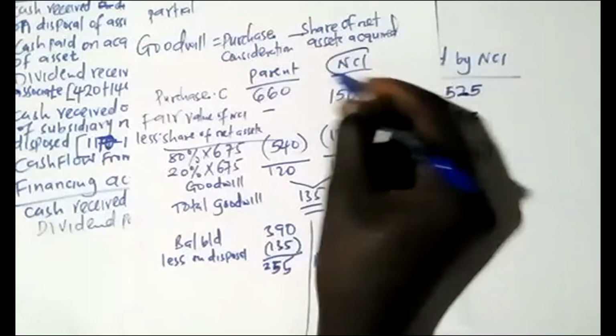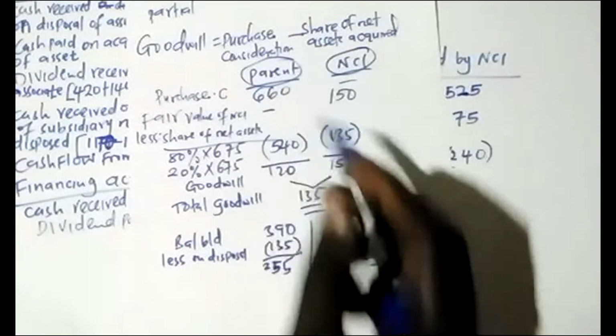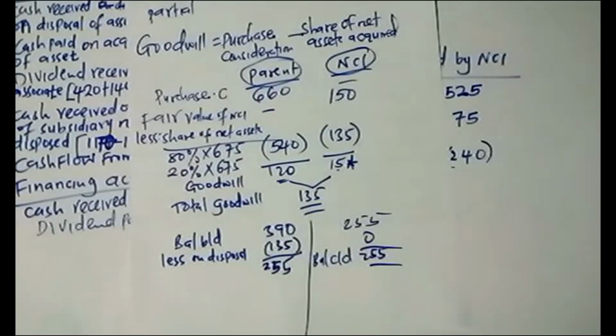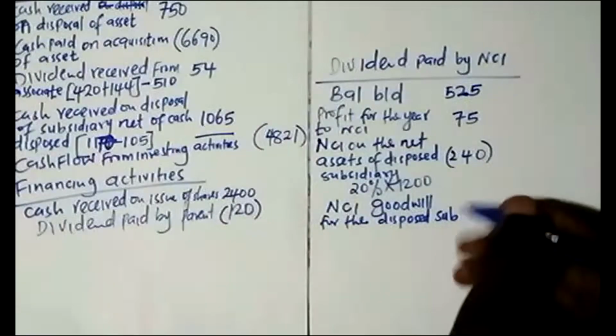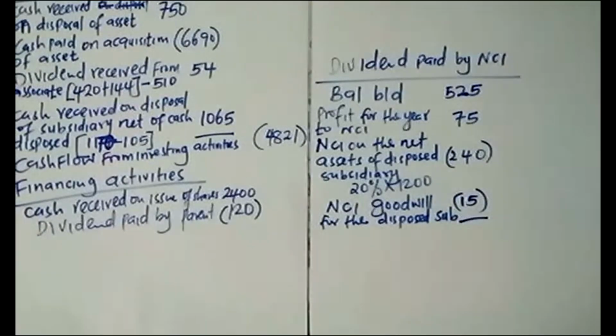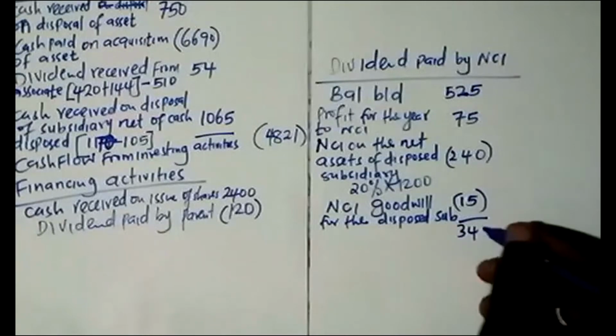That is why we use the full method. We got the goodwill of the NCI 15, and that of the parent was 120. So I have to record here 15. I'm minusing because it was disposal. So 525 plus 75 minus 240 minus 15, I'm getting 345.